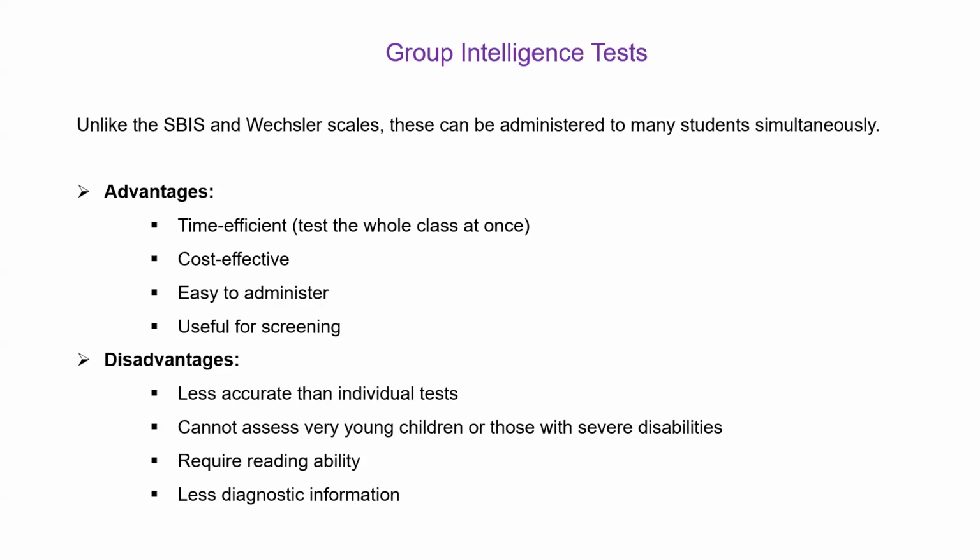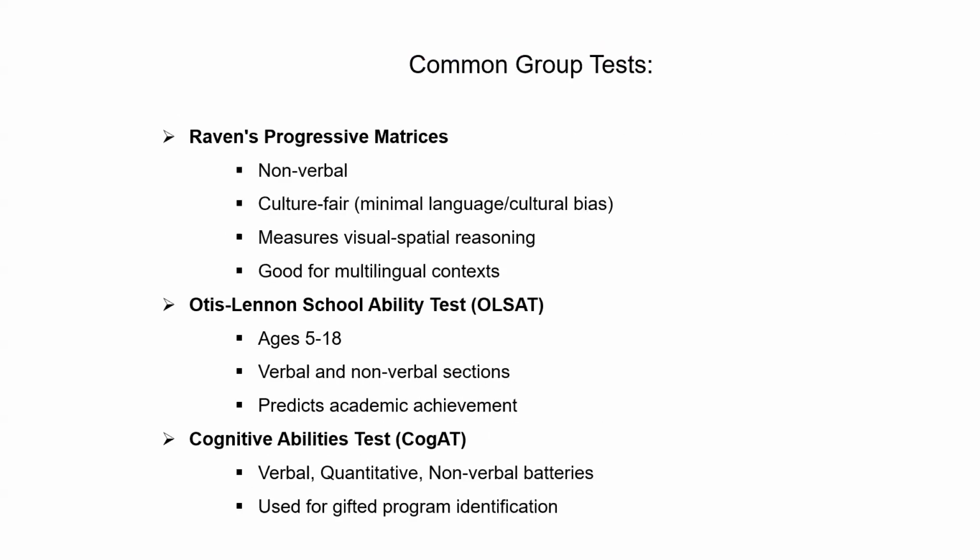Some professors also talk about their childhood experiences, how they behaved in childhood and how they have developed. So the group intelligence test gives us less distinguished information. Common group tests.